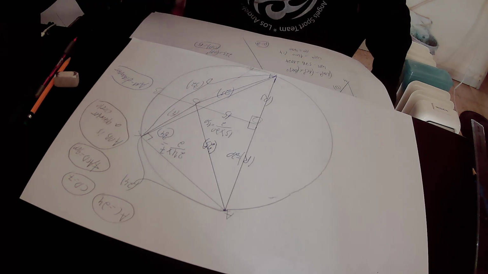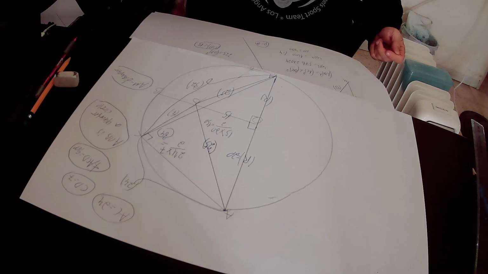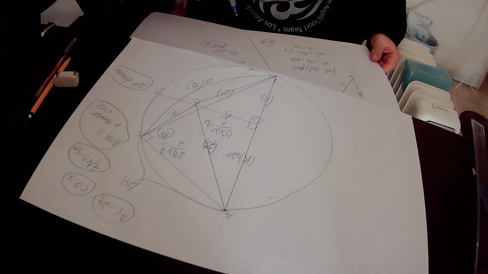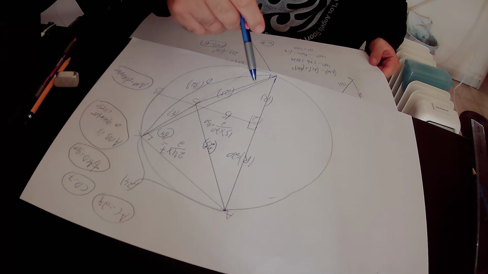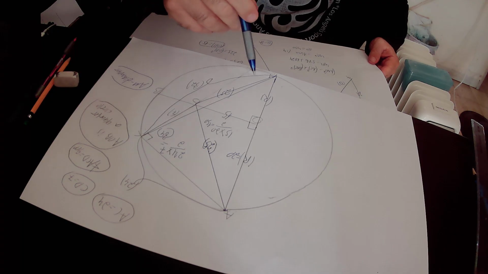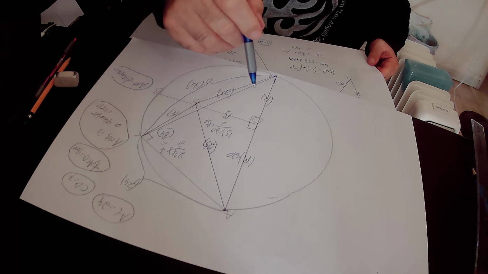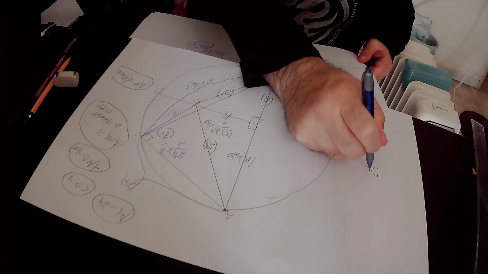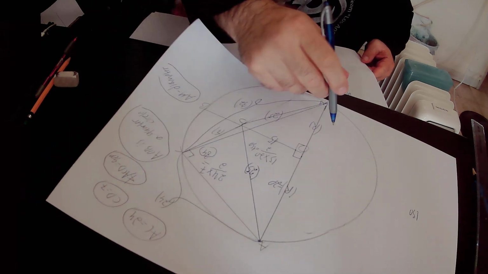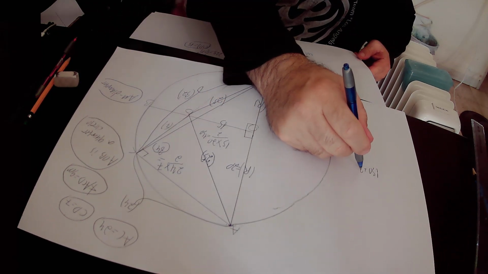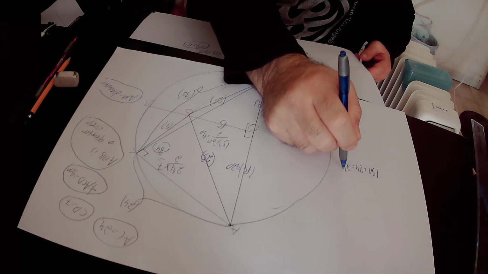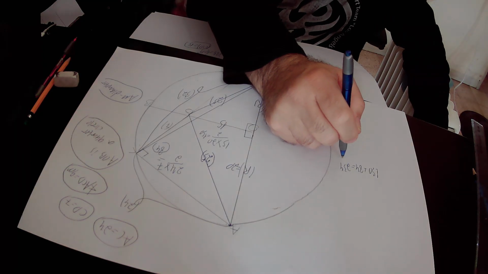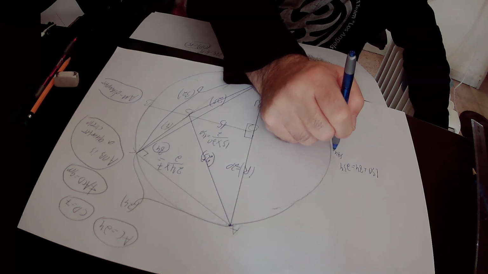So we found out that the area of quadrilateral ACDO equals the area of this right triangle, which is 150, plus the area of this right triangle, which is 84. 150 plus 84 equals 234 square units.